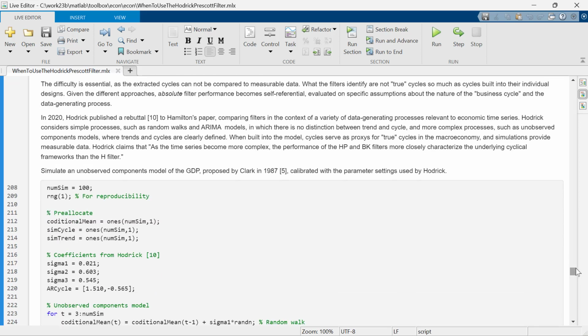Finally here, we're going to give Hodrick the final word. In 2020, after Hamilton published his paper saying to never use the Hodrick-Prescott filter, Hodrick published a rebuttal where he very carefully looked at a number of different data generating processes, a number of different models of how data in the economy gets generated, all of them widely used for modeling economic data.